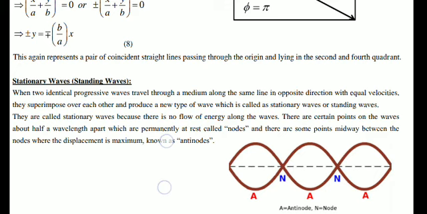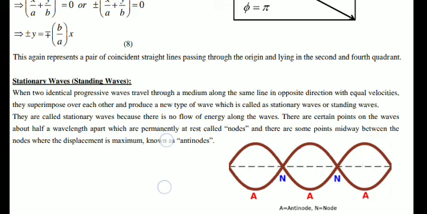There are also some positions, for example this position, this position, and this position, at which particles in the medium vibrate with maximum amplitude. You can see that if the particle is here, it is vibrating with maximum amplitude, here also, and here also. The positions where the particles vibrate with maximum amplitude are called antinodes.